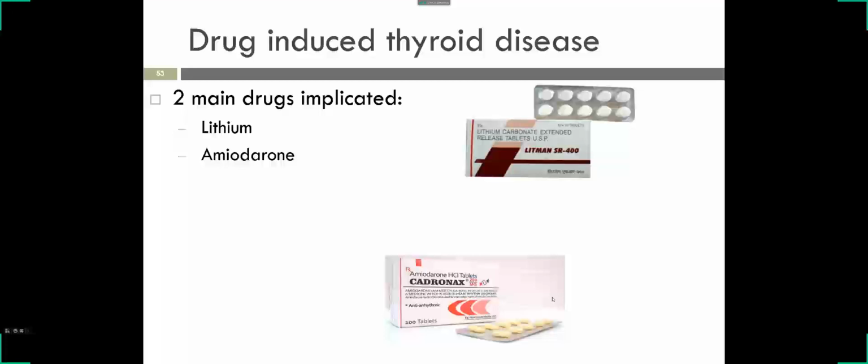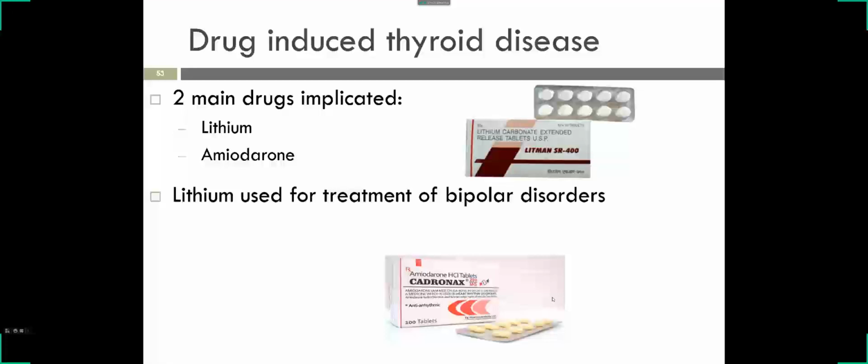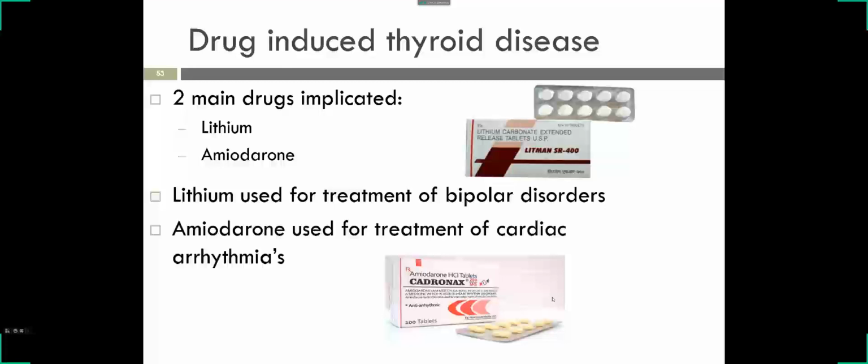I don't remember the target actually. In the case of lithium, it's often used to treat depression, but one of its side effects can be causing disruption of thyroid hormone production. Lithium is often used for bipolar and for depression, and amiodarone is used for treatment of cardiac arrhythmias.